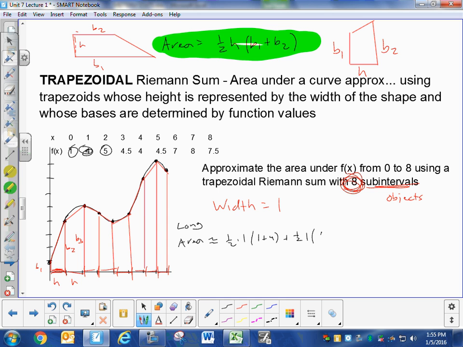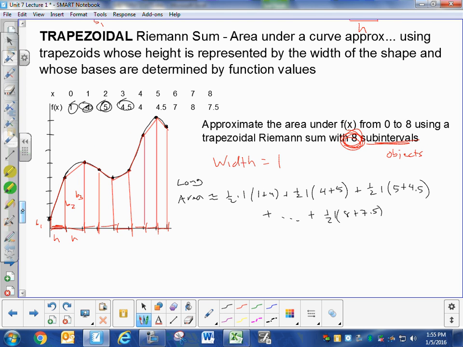So I'd use the 4 and the 5. For my third trapezoid, 1/2 1. I'd use the third height and the fourth height. 5 plus 4.5. And I would continue to do that until I get to the last one, which would be a height of 8 and 7.5. Okay? That's a long way to do it if you did all 8 separately like that.